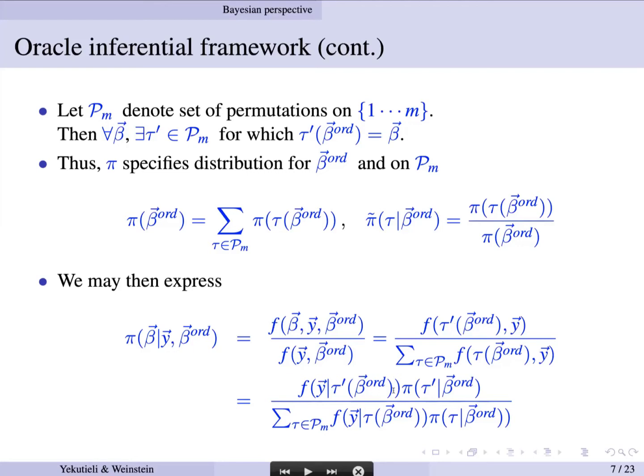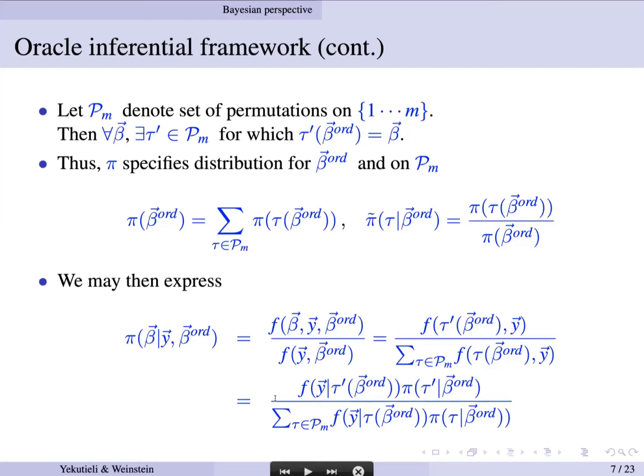And here I'm just writing it nicer: instead of the density of both these two events, I'm conditioning on theta hat and writing it like this. It's an easier way of writing.